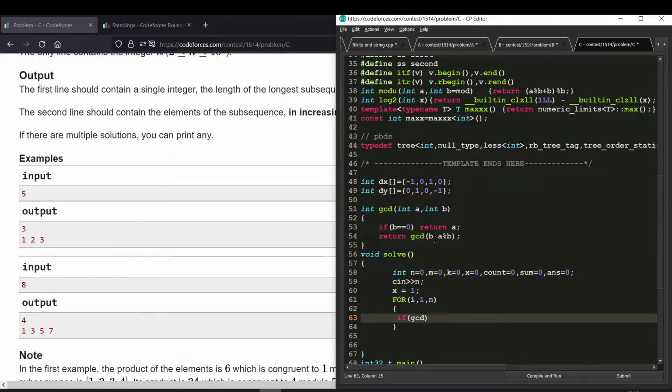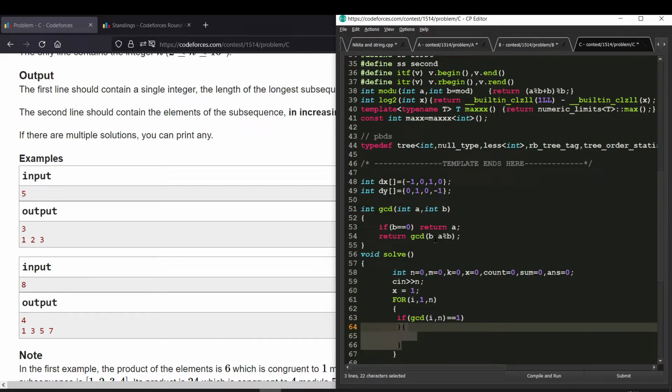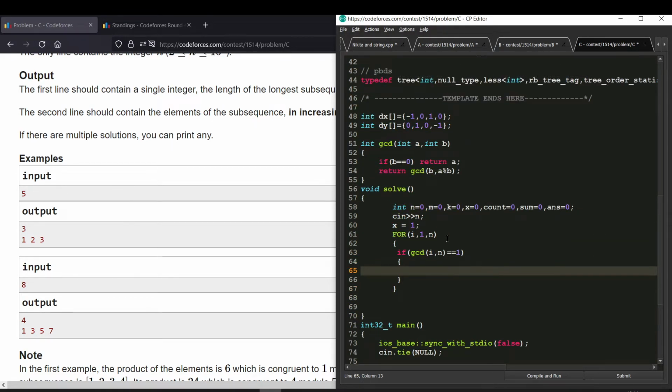Okay, if this GCD of i and n turns out to be 1, then it means that there are no coinciding factors, and I can include this number. Okay, I'll be multiplying x with this particular number.